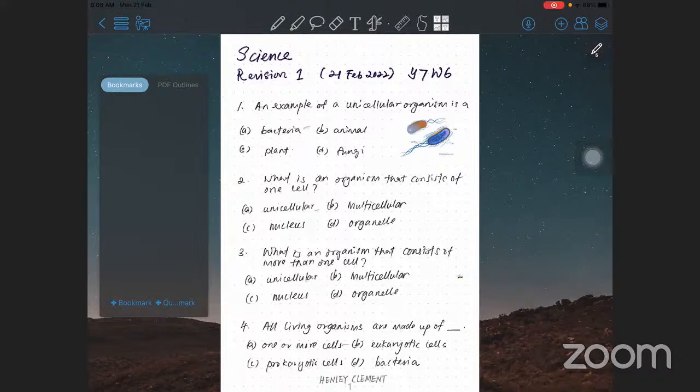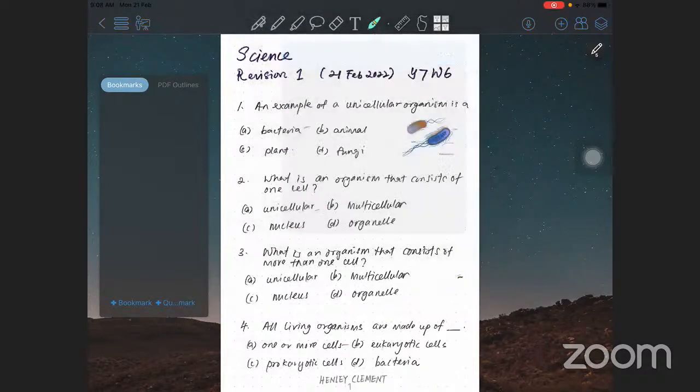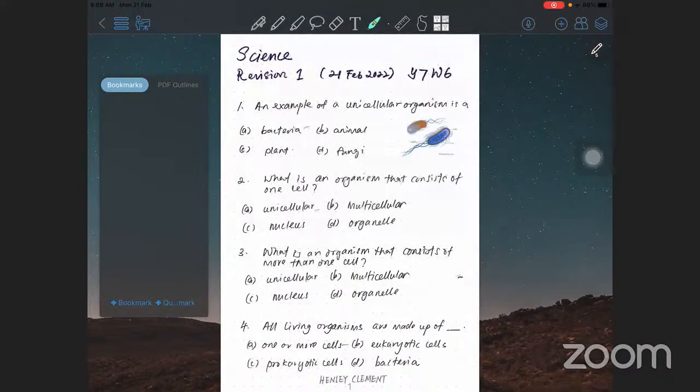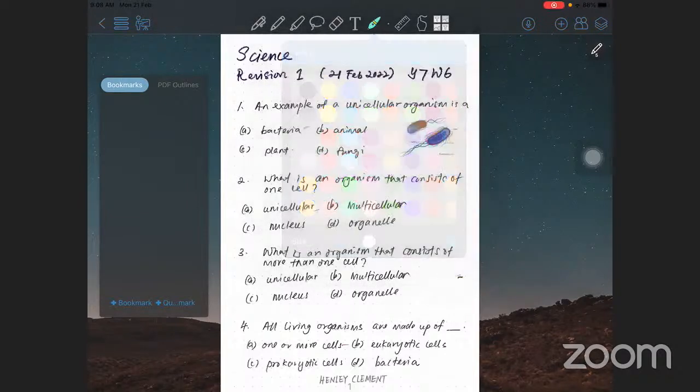Number 1. An example of a unicellular organism is A, bacteria, B, animal, C, plant, D, fungi.